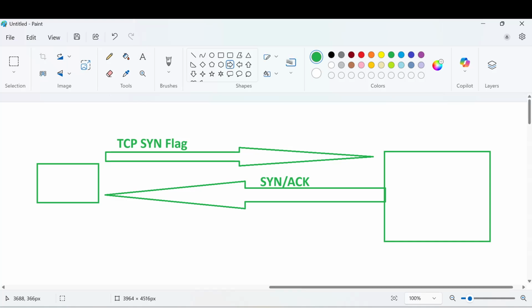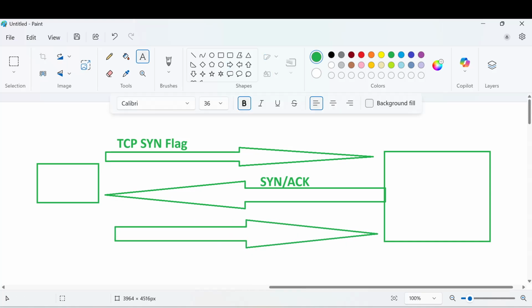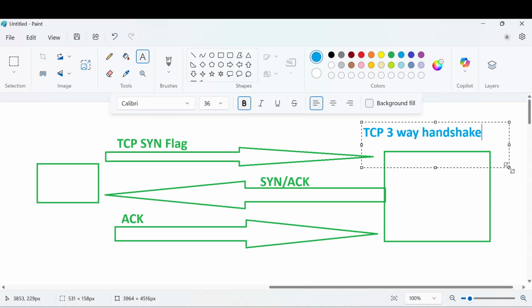Now, after that, once our machine receives the SYN ACK, it is going to reply with an acknowledgement, right? So with the help of that, we have a three-way handshake. That is what we call the TCP three-way handshake, which we use for starting any type of conversation over TCP, right?